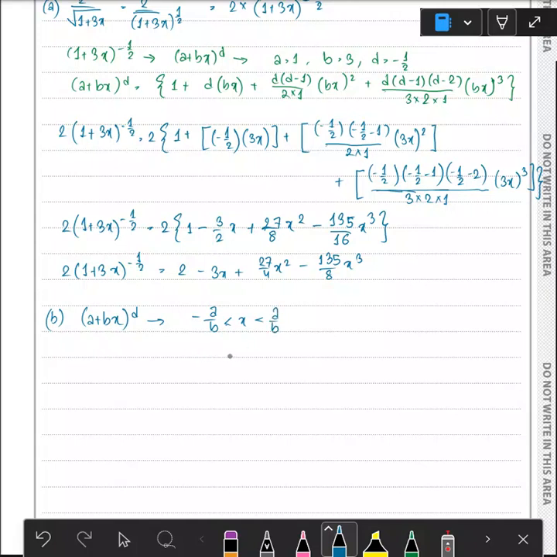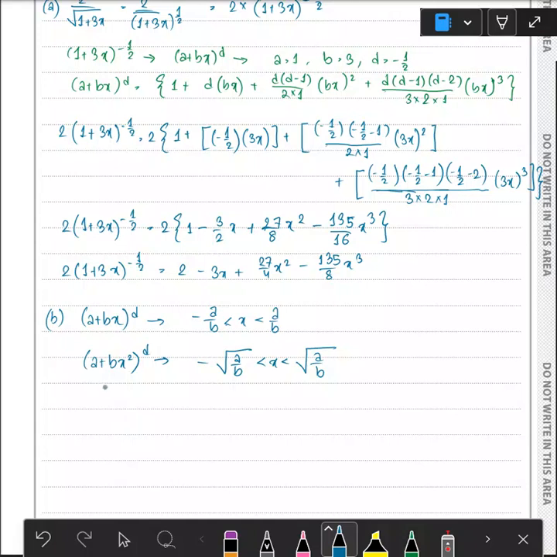So x is greater than negative a by b, but less than a by b. And if the expression is given in terms of x squared, then this would be negative root over a by b less than x less than root over a by b.